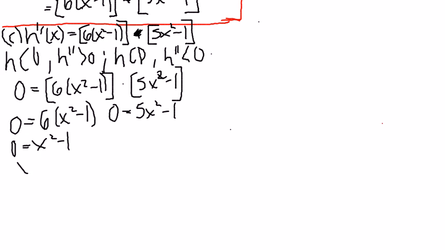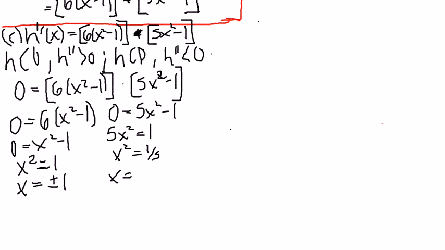Bring the x squared over, equals 1, square root both sides, so we get x equals plus or minus 1. Over here, we'll bring the 5x squared over, divide both sides by 5, square root, so we're going to get x equals plus or minus square root of 1/5.